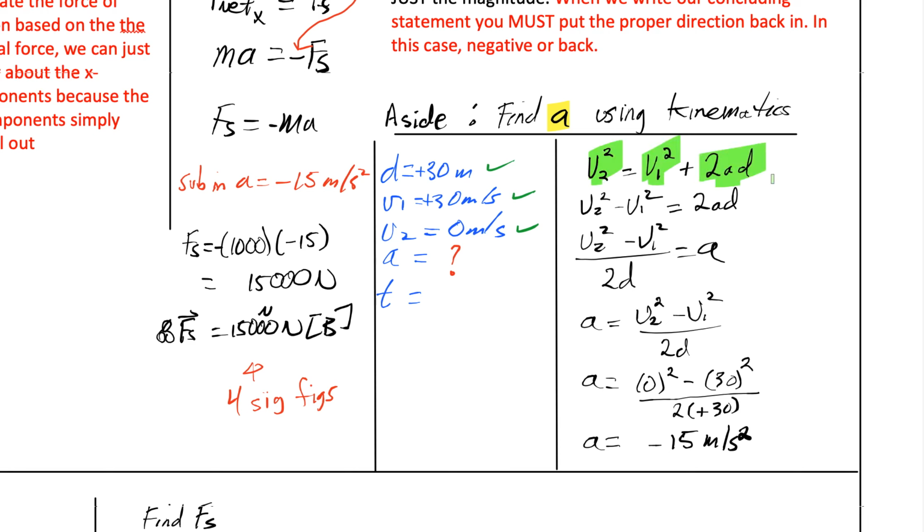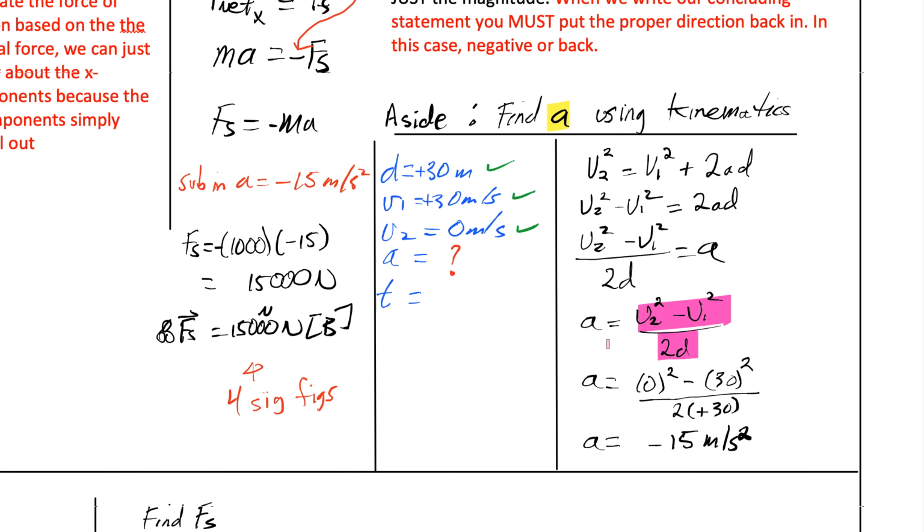So step 1, we isolate our term of concern, which is this last one here. Bringing the V1 squared to the other side makes it subtraction. And then, of course, we need to extract the 2 and the D from A, and those are attached through multiplication. The opposite of multiplication is division. So A is equal to V2 squared minus V1 squared over 2D.